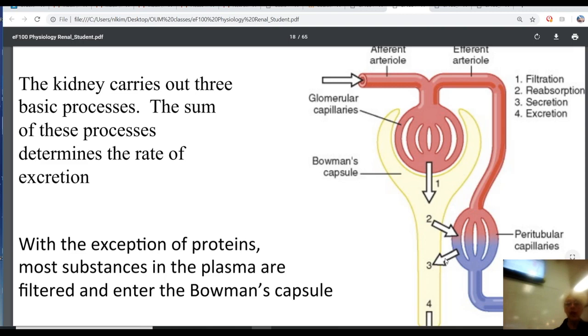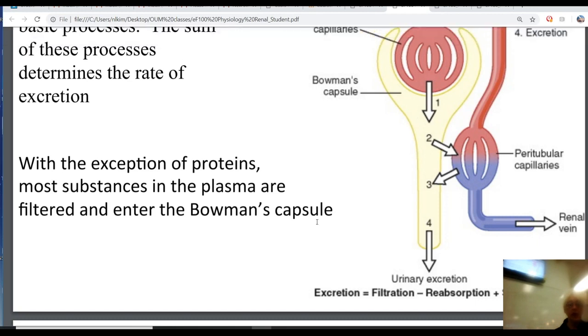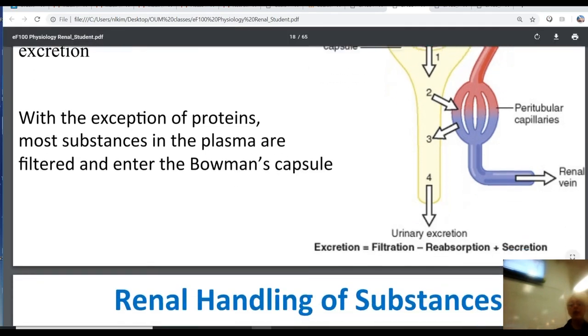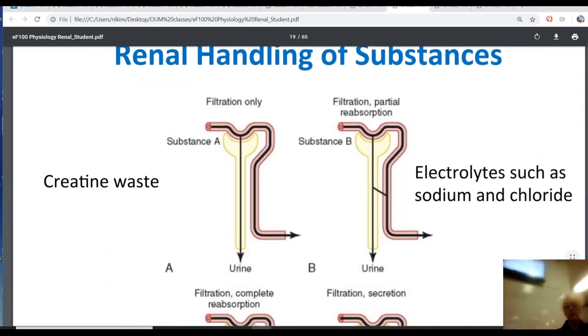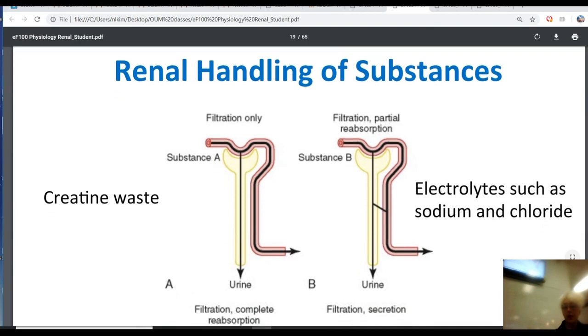You've got the peritubular capillaries that are able to either resorb or exchange or diffuse different types of solutes back into the tubules. So this is really important, this give and take that you see here at the capillary arterial line. So excretion is equal to filtration minus reabsorption plus secretion.